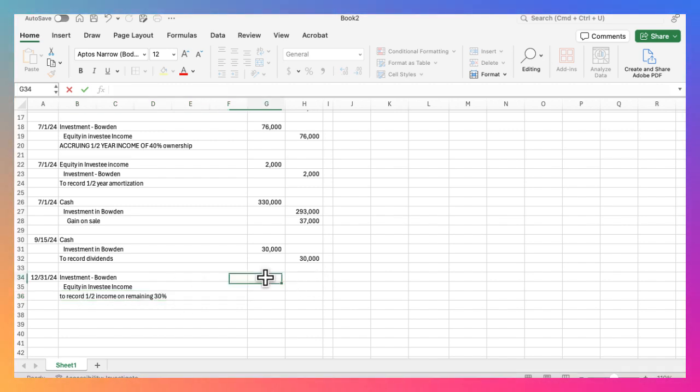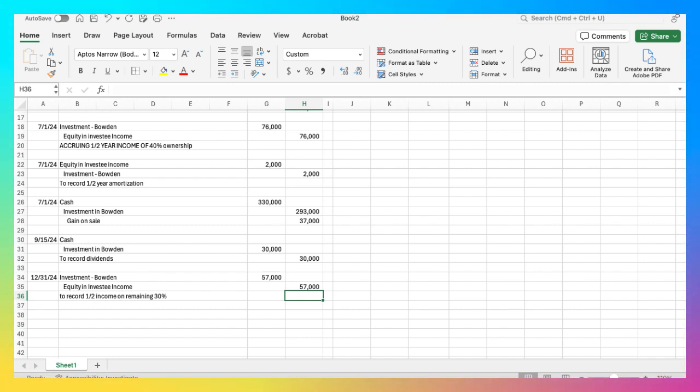So to do that, all I need to do is take my $380,000, multiply that by 0.3, which is the 30% that I own, times 1/2. And I get $57,000. So I see that my investment in Bowden increased by $57,000, which is the net income.